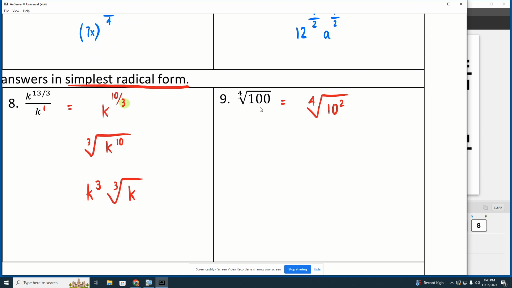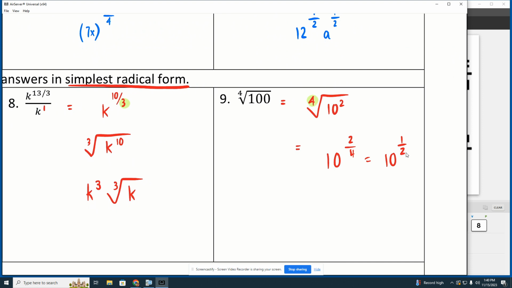Now, why might that help me? Because I can now rewrite that as a fractional exponent. Remember, your root becomes your denominator. So this ends up being 10 to the 2/4. Well, why does that help me? Well, 2/4 can reduce. It reduces to 1/2, which actually changes the fractional exponent.